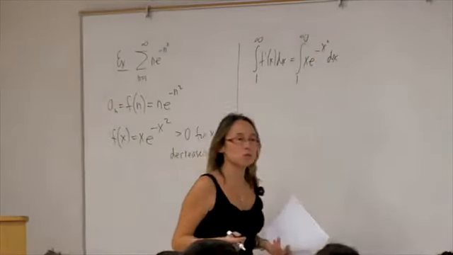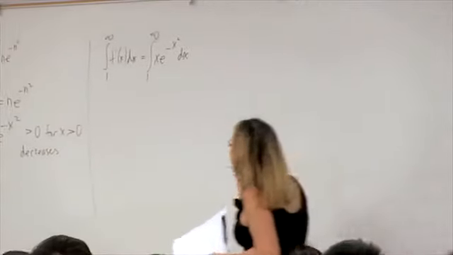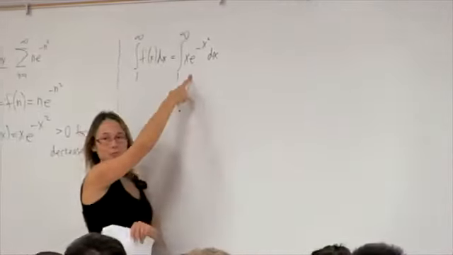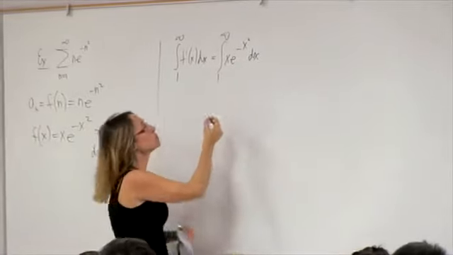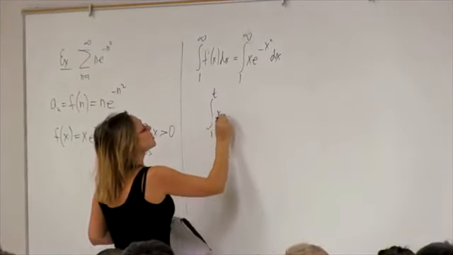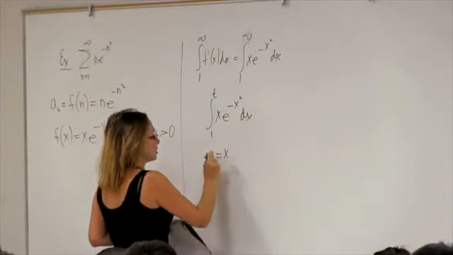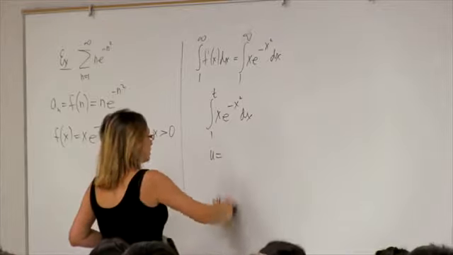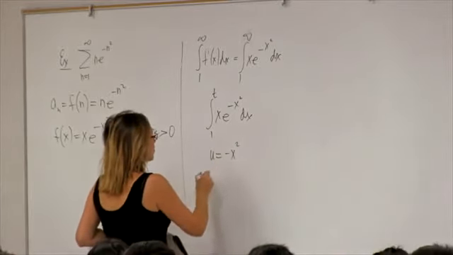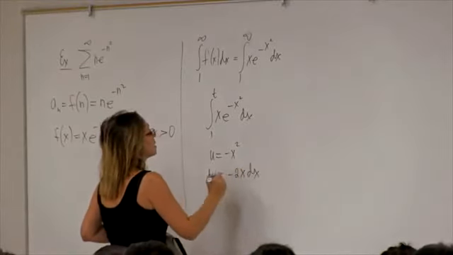And the reason we want to use this test is because we know how to integrate this guy, right? What is the method here? Substitution, right? So we consider the integral from 1 to t of x e to the minus x squared dx. Let u be, if you like, minus x squared. Then du is minus 2x dx.